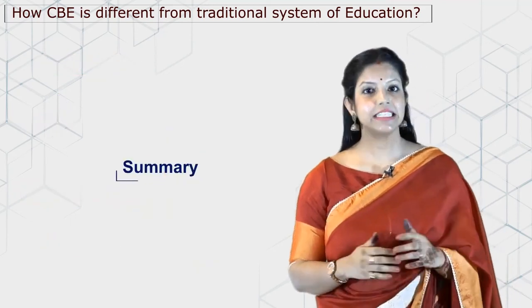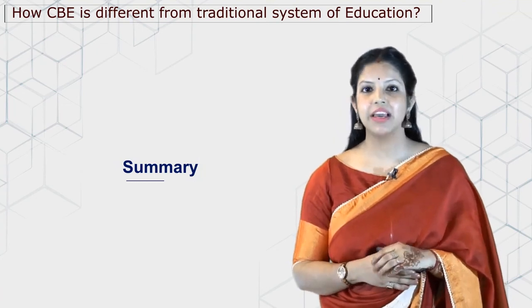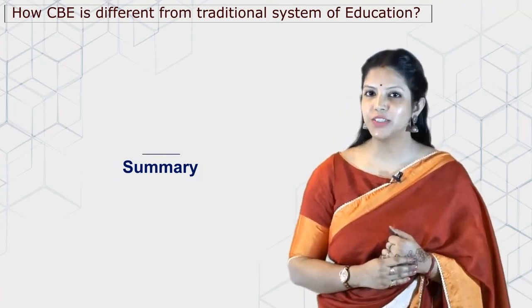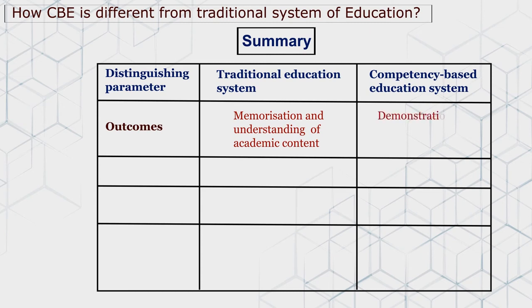Summary. Let us summarize the comparison points of traditional education system and competency-based education system. Based on outcomes, the traditional education system focuses on memorization and understanding of academic content, whereas competency-based education system focuses on the demonstration of learned knowledge and skills.